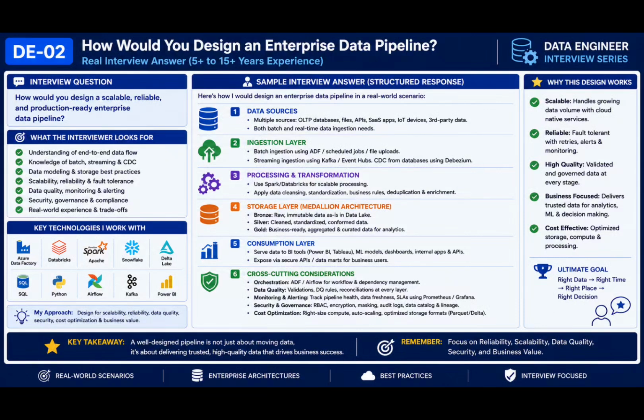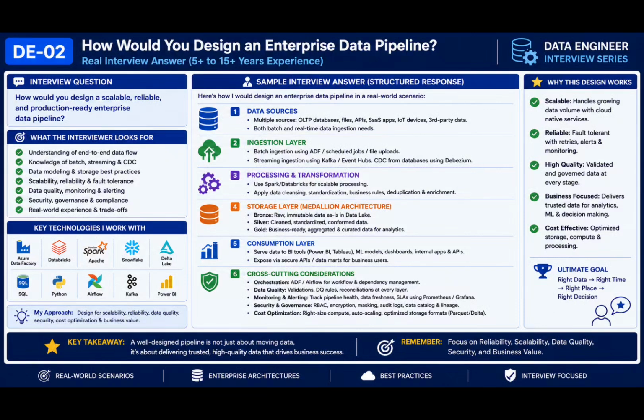Across the pipeline, we have to implement orchestration, monitoring, logging, alerting, retry mechanisms, audit trails, metadata management, security governance, and cloud cost optimization. Our primary objective is to build a scalable, reliable, secure, and high performance pipeline that consistently delivers trusted data for business decision making.